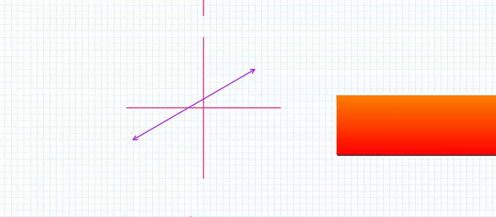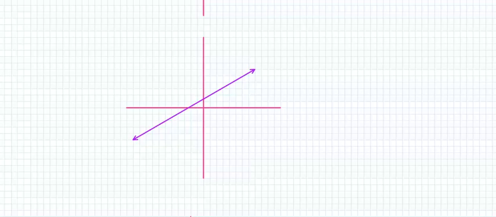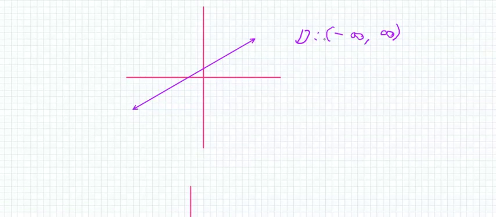Everywhere that graph is, my domain is from negative infinity to positive infinity. My range, likewise, negative infinity to positive infinity.